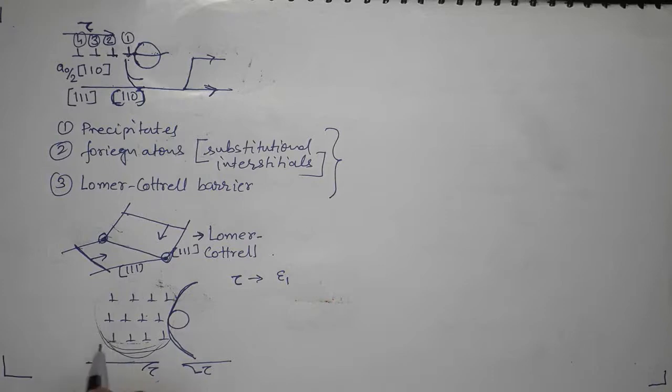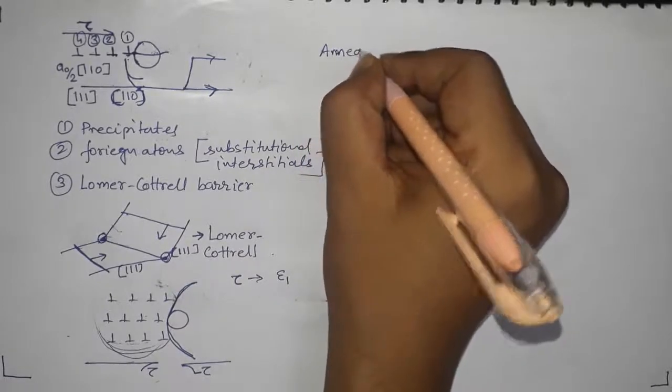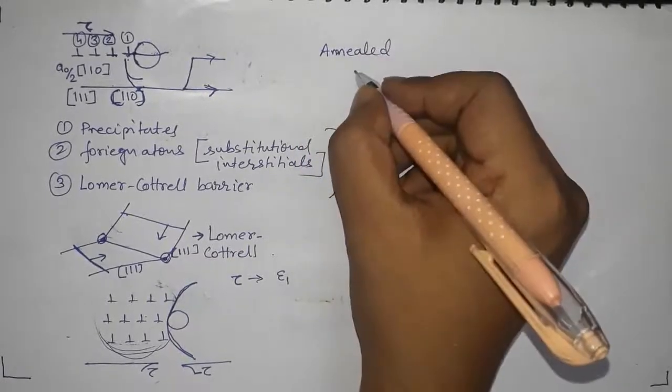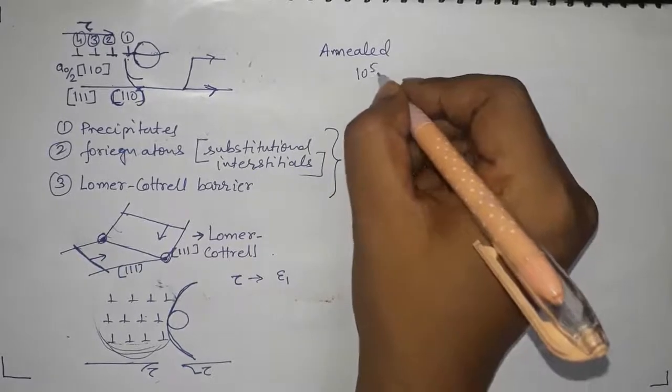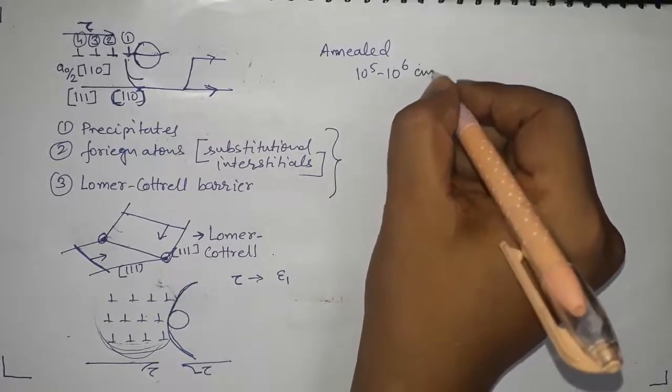This phenomenon can happen even in polycrystalline material, but for this point of time, don't think about that. In an annealed material, you can have 10 to the power 5 to 10 to the power 6 dislocations per centimeter square.